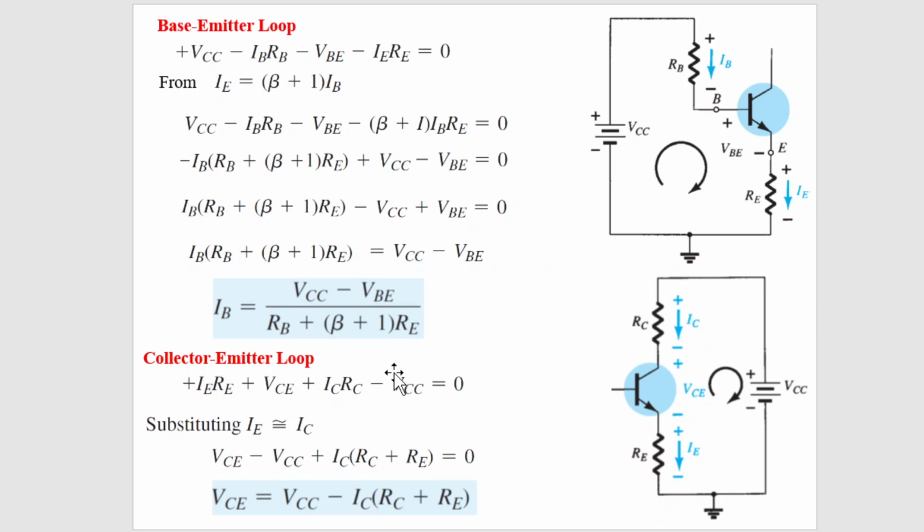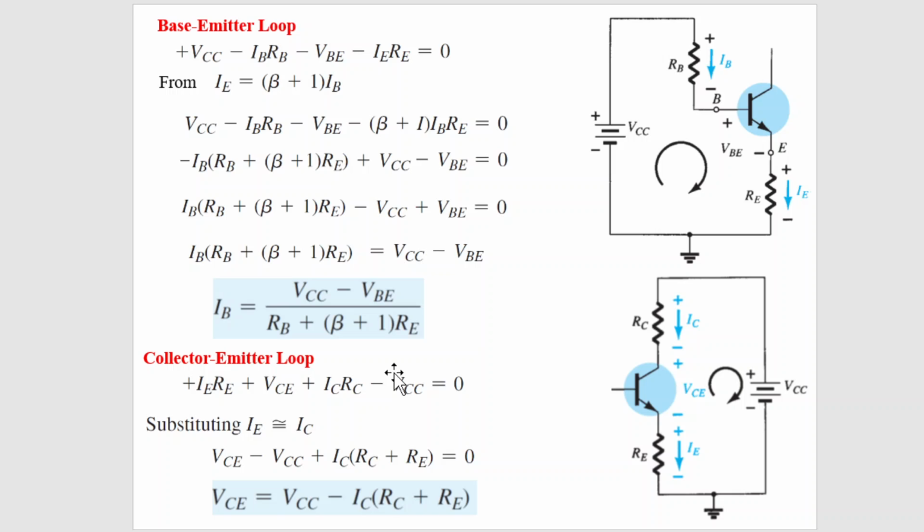As I have discussed in one lecture, in any configuration, base current is always of the order of microampere, because its magnitude is very, very small. But collector current and emitter current are of the order of milliampere.